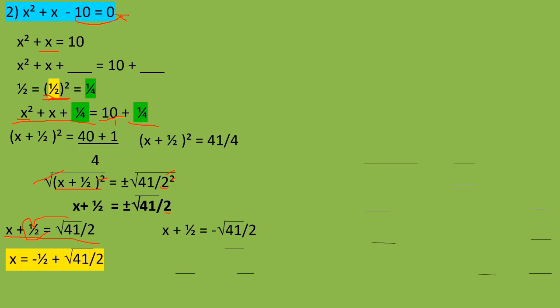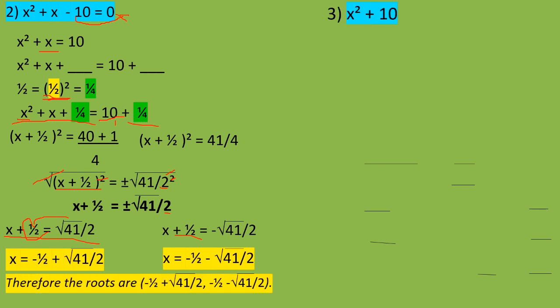At itong isa naman ay x is equal to the same thing. Pag ilipat natin si positive 1 half sa kabila, magiging negative 1 half minus, yung sign na minus, square root of 41 over 2. Therefore, the roots are negative 1 half plus square root of 41 over 2 and negative 1 half minus square root of 41 over 2.